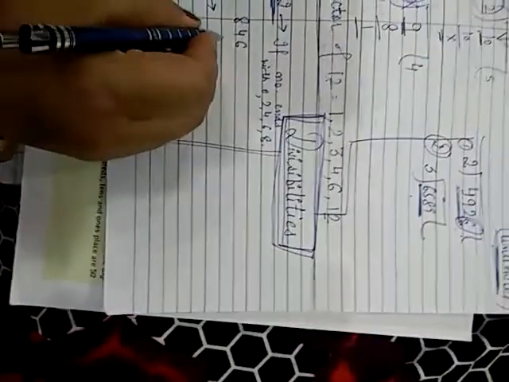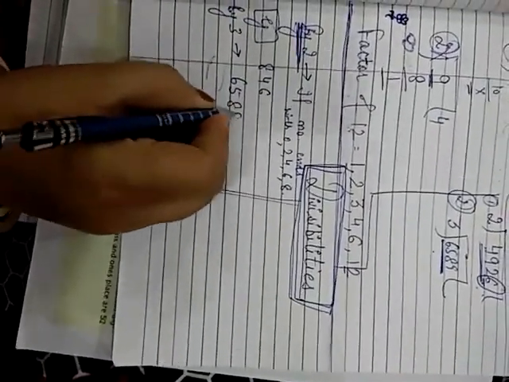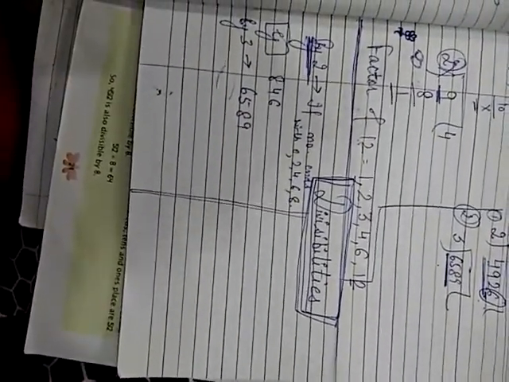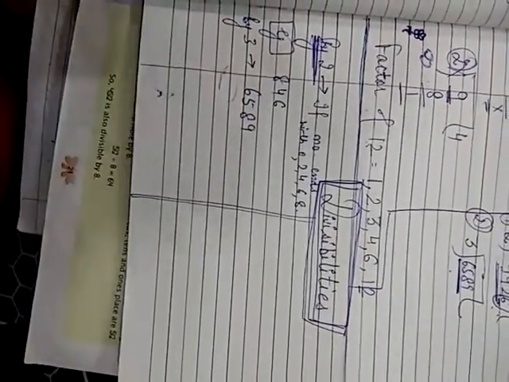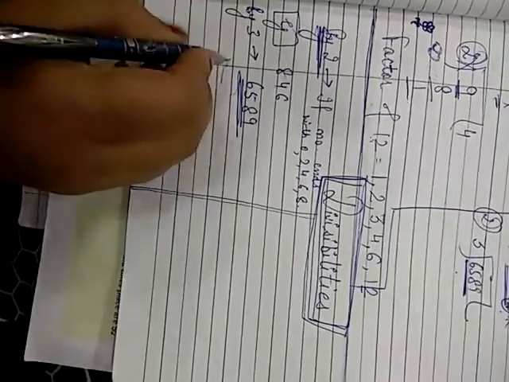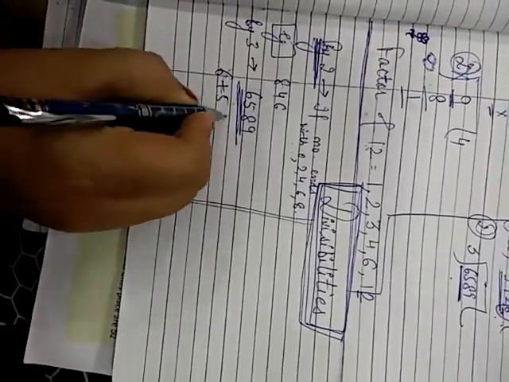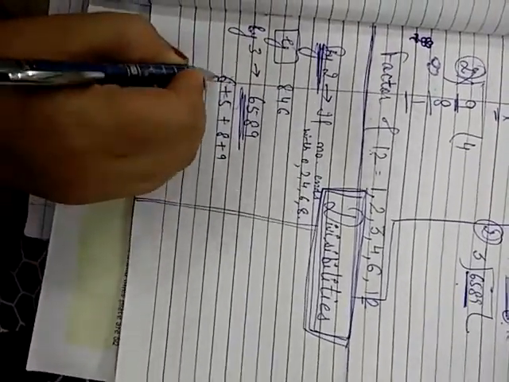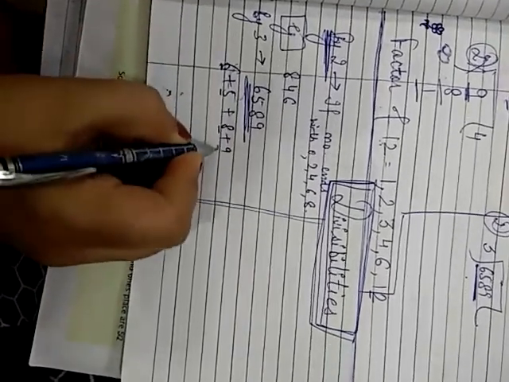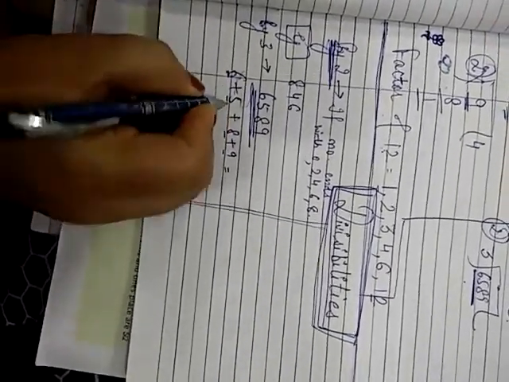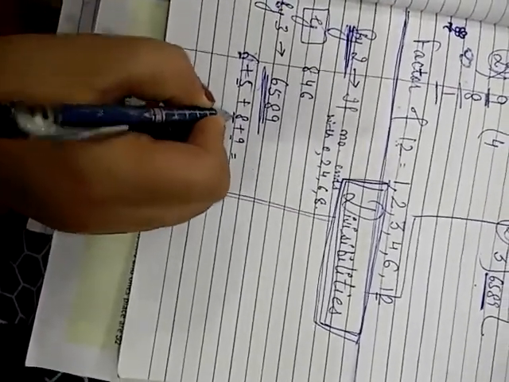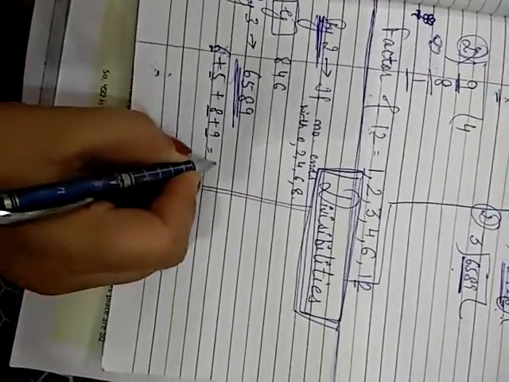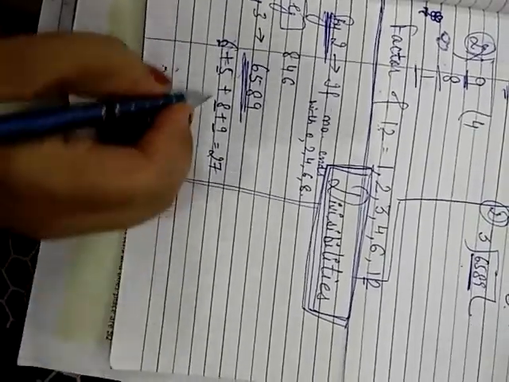For example, same example I am taking, 6589. If you have to tell whether the number is divisible by 3 or not, you will add all these digits. That is 6 plus 5 plus 8 plus 9. So 6 plus 5, 11. 11 plus 8 is 19. 19 plus 9 is 27.